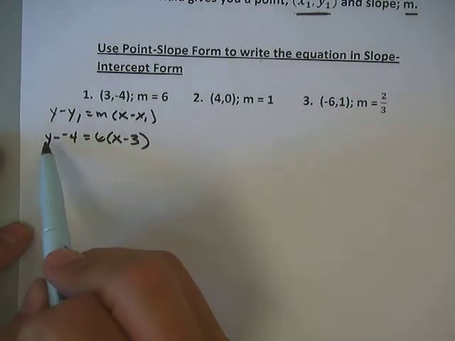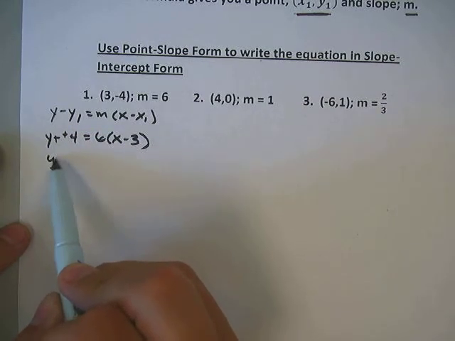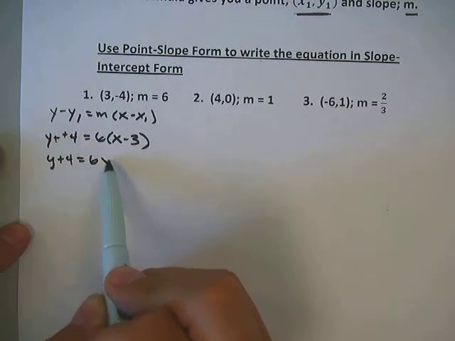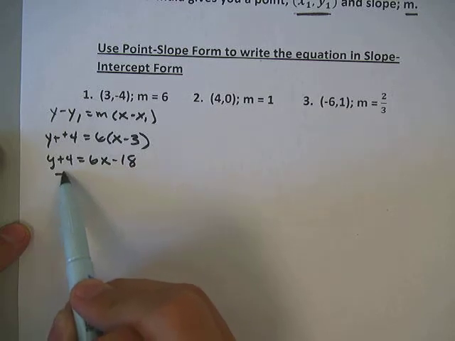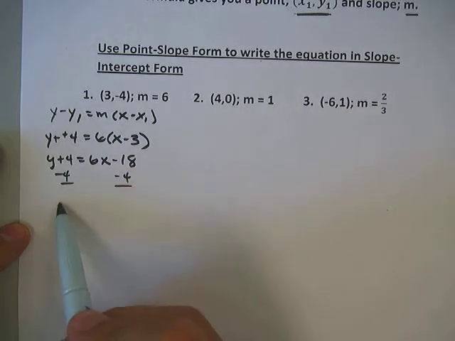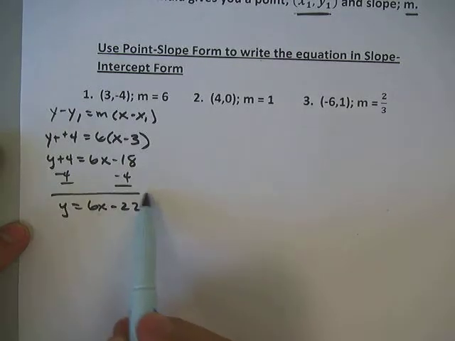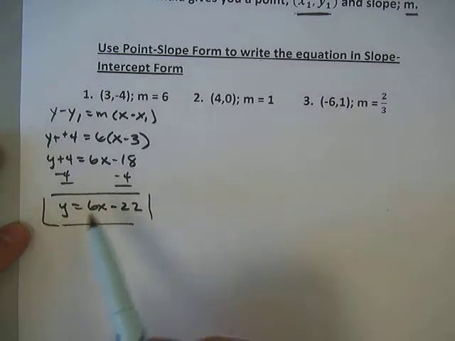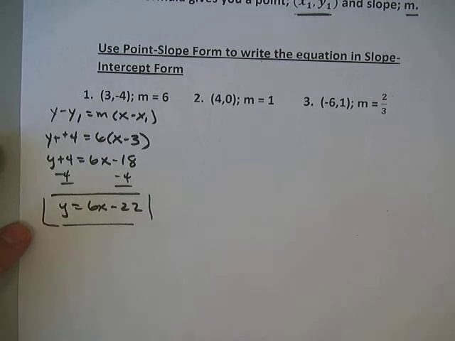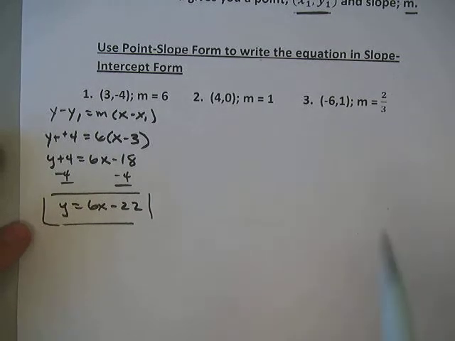And then I would just simplify it. So this would become a positive, so y plus 4 equals 6x minus 18. Subtract 4. Y equals 6x minus 22. And there you go. And you'll notice that point-slope formula, once you simplify it, becomes slope-intercept form.